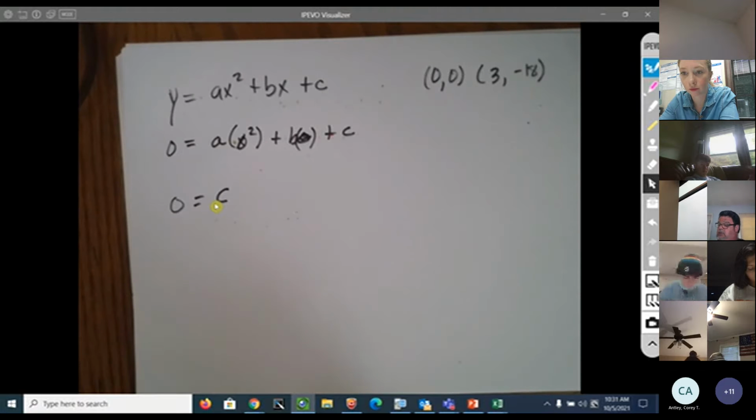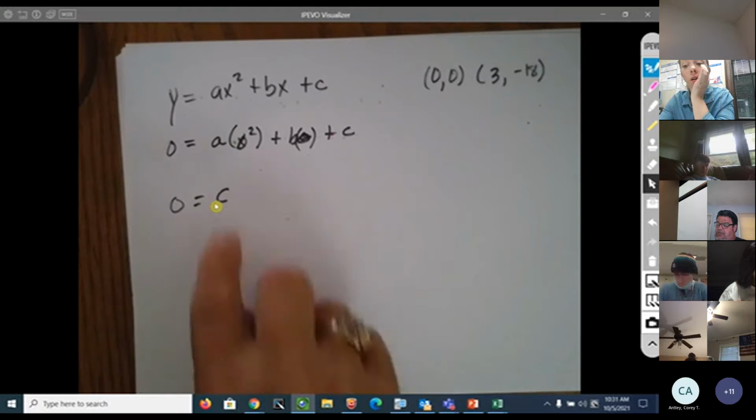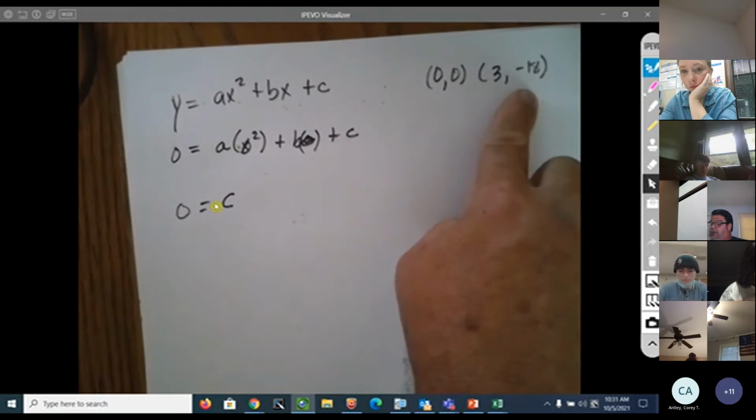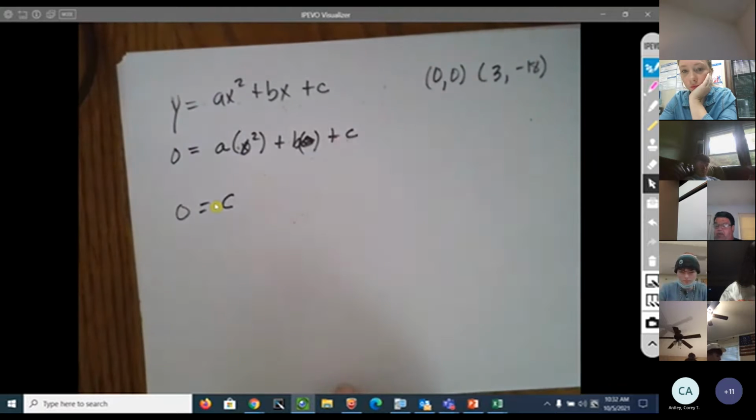Let's see, what else can we do with 3 and negative 18 and 0 and 0? Anybody? Well, you've got c equal to 0. You can plug in that 3 and negative 18 and maybe see if we can get an a.